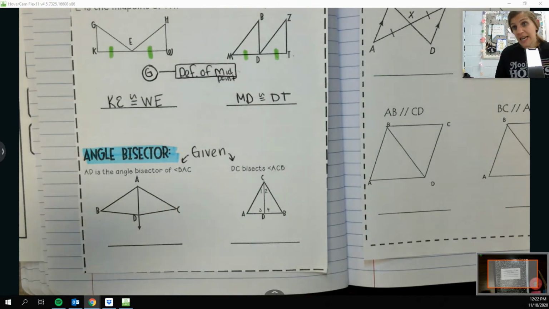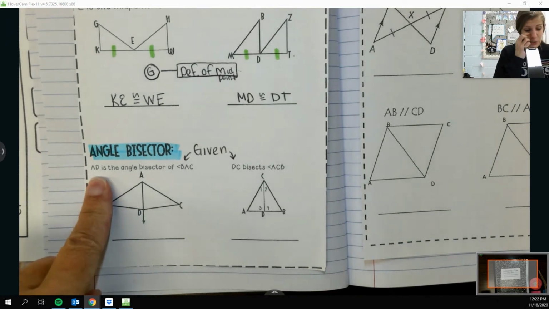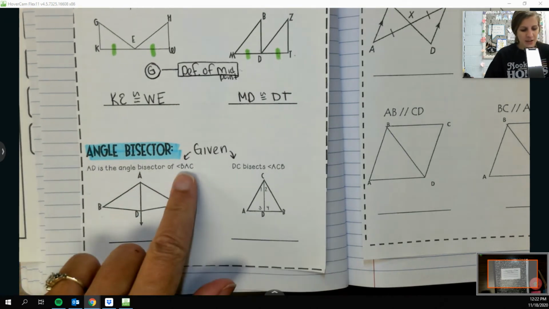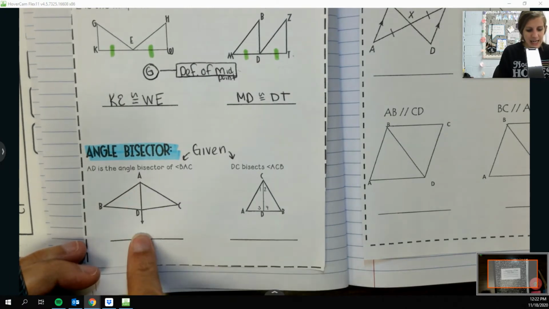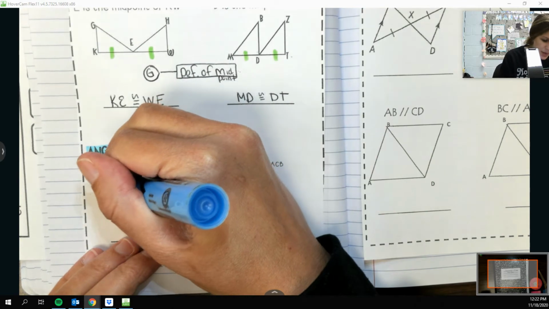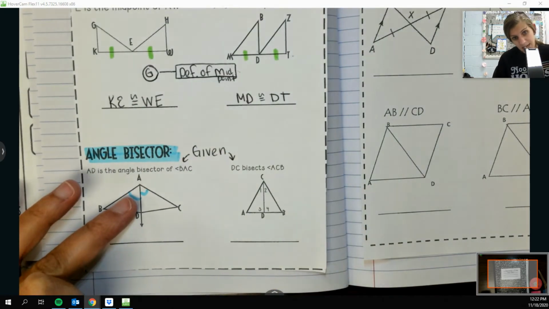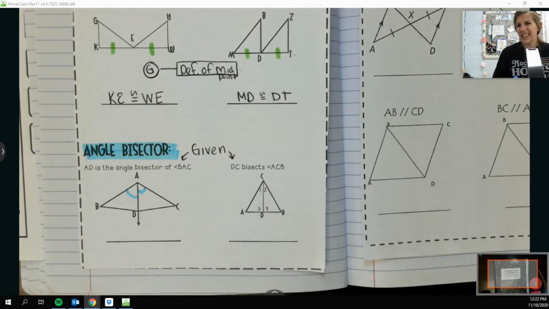Now, bisect means to cut in half. So in the given, if it said to you AD is the angle bisector of BAC, that means that this line is cutting that angle equally in half. So I can add rainbows to my picture to show that this side of the angle is the same as that side of the angle. So if it was 100 degrees, each side would be 50.